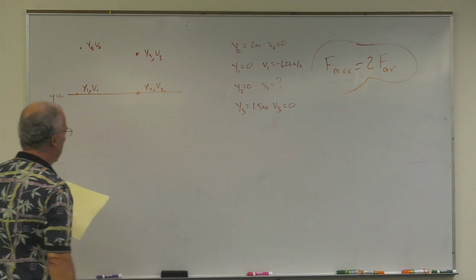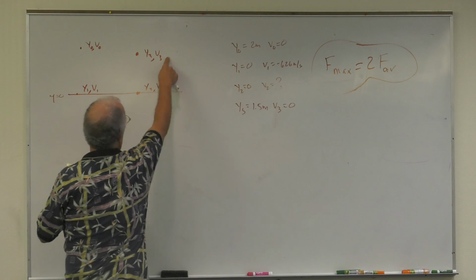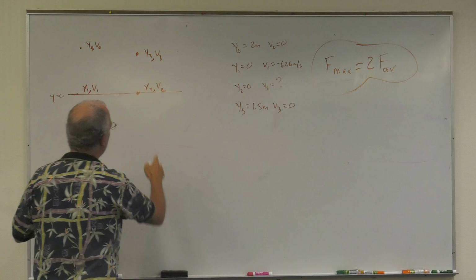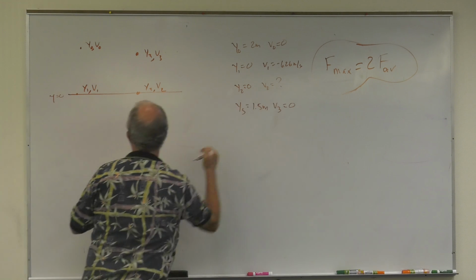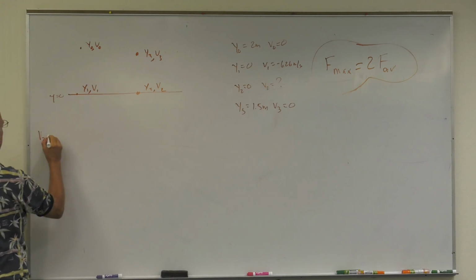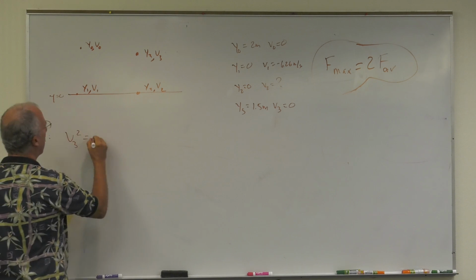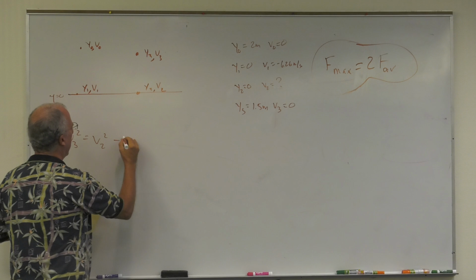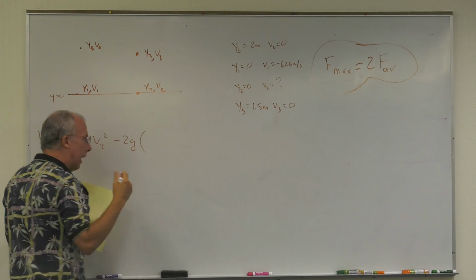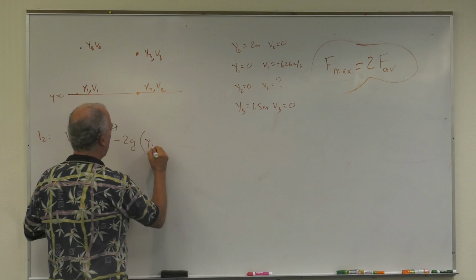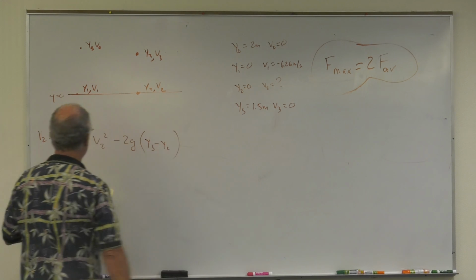Now let's get v2, because we don't know what it is. Just use that same old equation. v final squared equals v initial squared minus 2g delta y. Delta y is y3 minus y2.